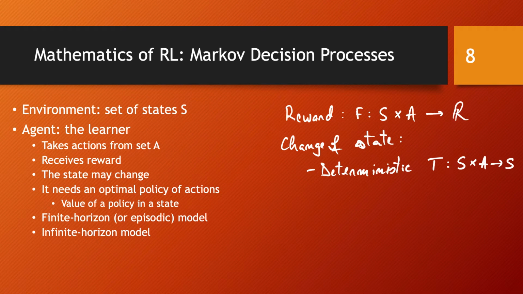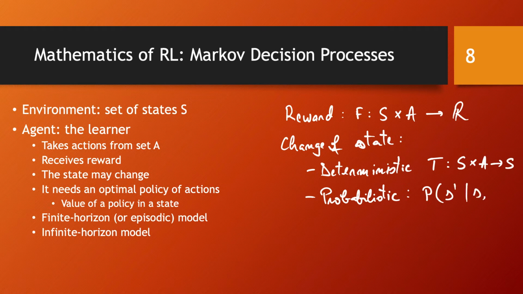The other point of view is that you have a probabilistic change of state. And we are going to discuss both of these. In the probabilistic view on this framework, we have this idea that changing the state is a matter of probability distribution.